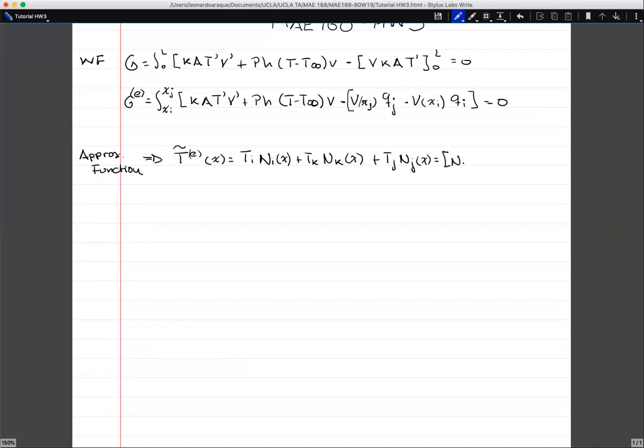This dot product between the two vectors will give me the same result.